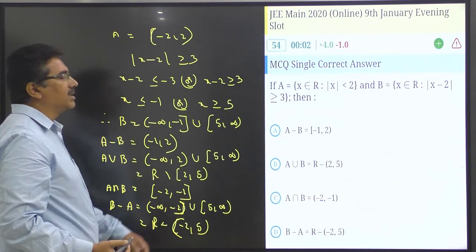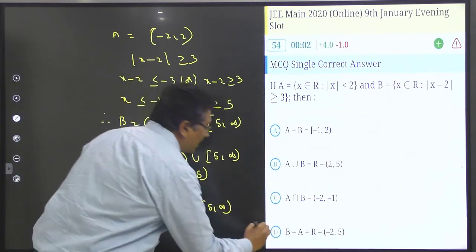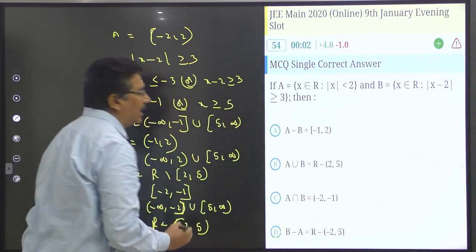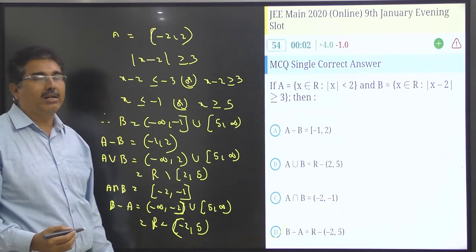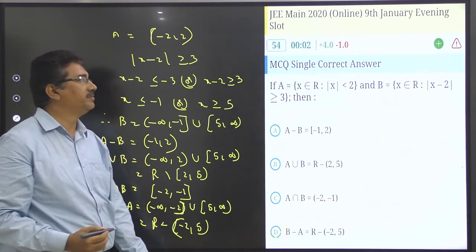So the answer is option D, that is B minus A is equal to R minus (-2, 5).